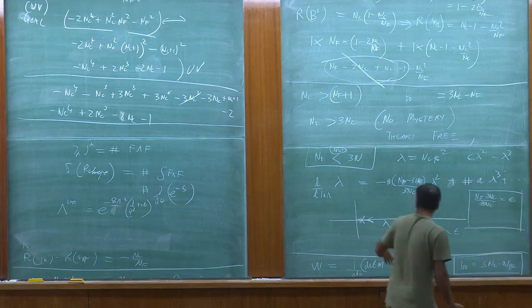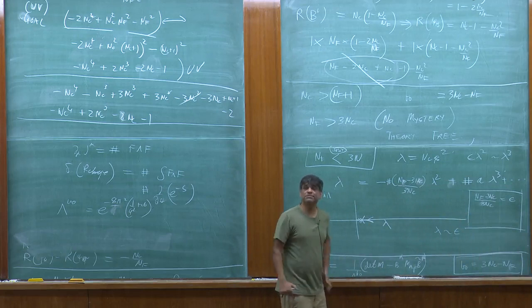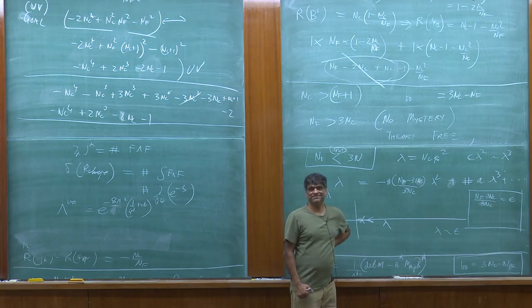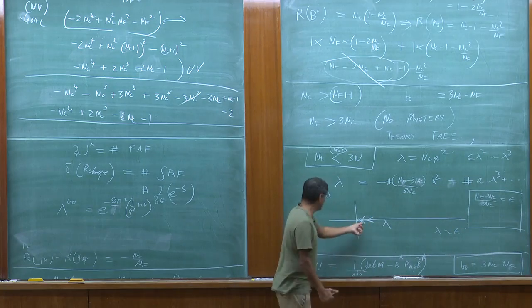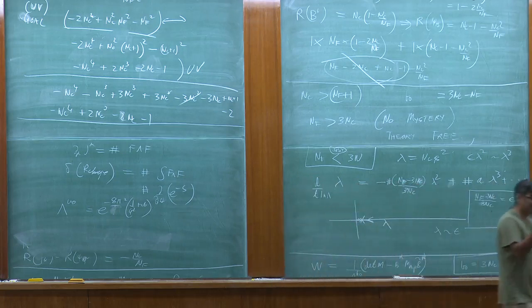So this picture, we know is correct at small enough epsilon. In fact, in the limit epsilon goes to 0, this fixed point goes here and so reaches the free theory. So what have we deduced from this analysis?